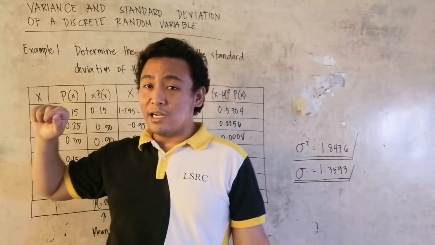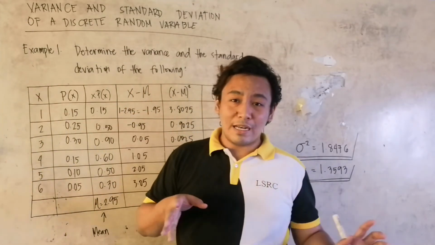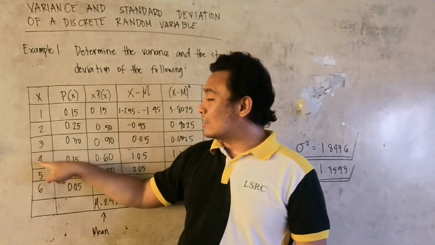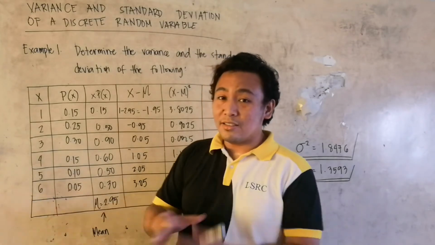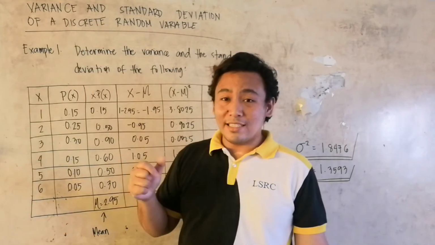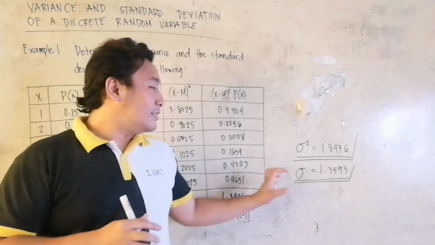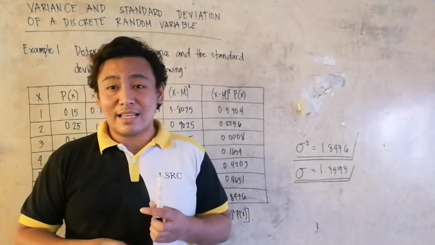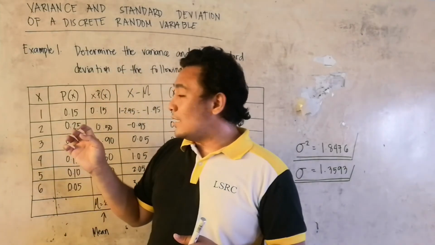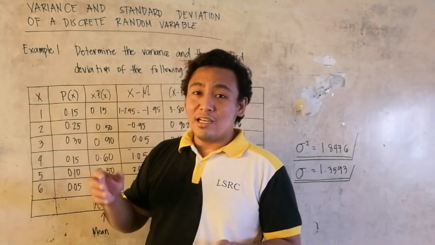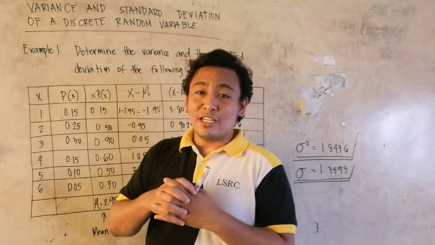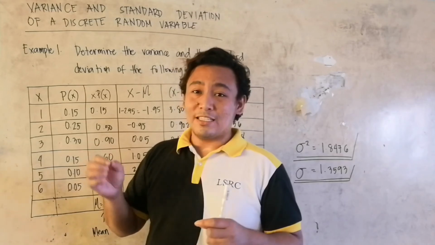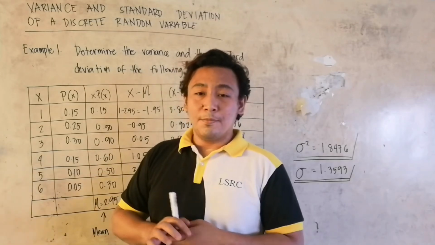Kumbaga, kapag malaki yung value, maraming 1, iisa lang yung 2, walang 3, walang 4, maraming 6. Hiwa-hiwalay, scattered yung data natin. Pero, since maliit lang yung value ng standard deviation natin, we can conclude that the data collected are dikit-dikit lang. Hindi siya yung sobrang hiwa-hiwalay. So that's it for the interpretation.